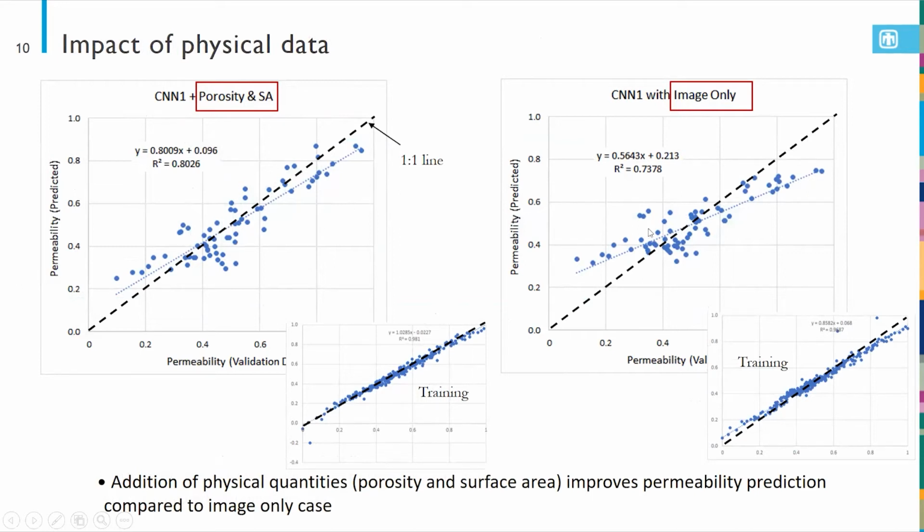The image-only result is relatively scattered and the slope is also quite deviated, and the addition of porosity and surface area improves those aspects quite a bit. If you look at the training data, both of them actually performed very well. And this large plot is showing the result with validation data.